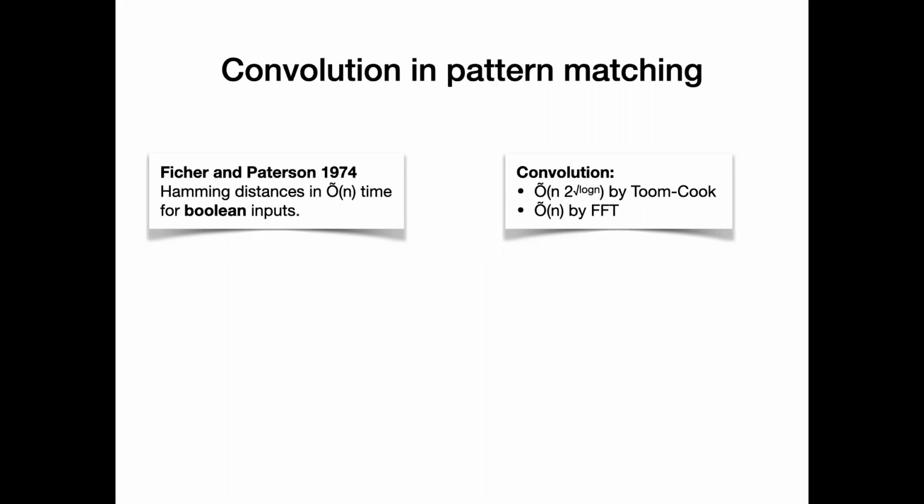It's a Karatsuba-type approach. The FFT requires you to embed it in some field, either complex numbers or modulo p. The Toom-Cook algorithm is just basic arithmetic, but it's suboptimal in terms of complexity in n. How does convolution play a role in pattern matching?